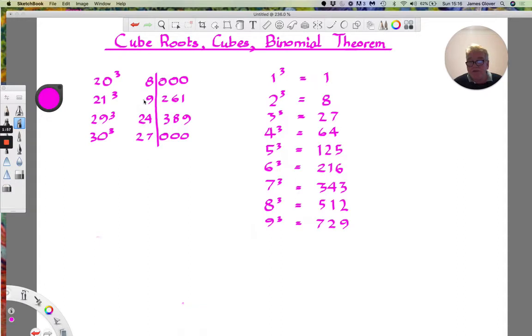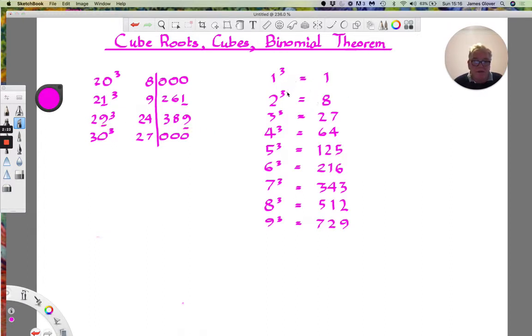And that means that we can investigate these numbers to find out the initial digit of the cube root. And also we're going to look at the final digit of the number being cubed and the final digit of the cube itself. So here we've got a 1 and a 1 and a 9 and a 9.